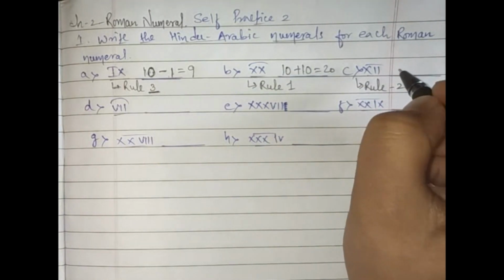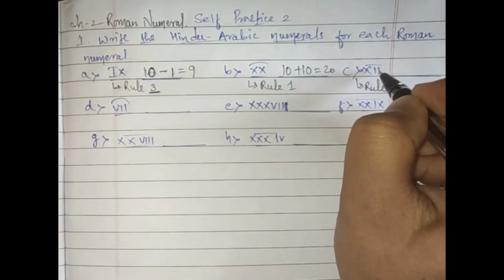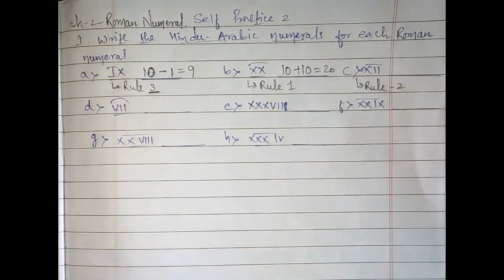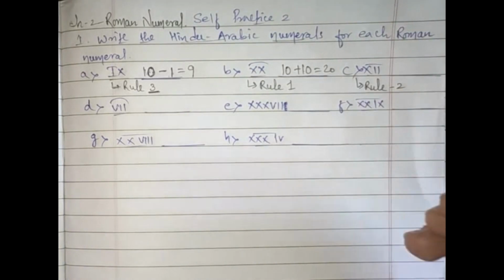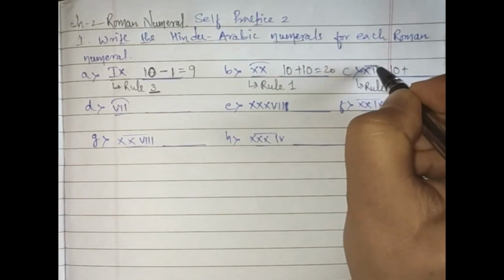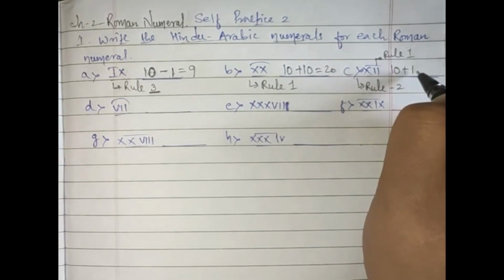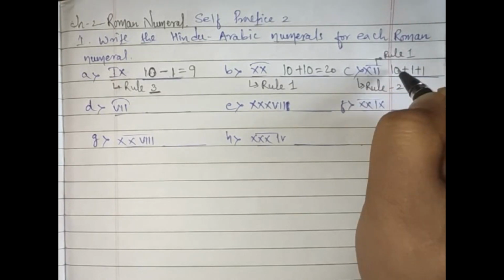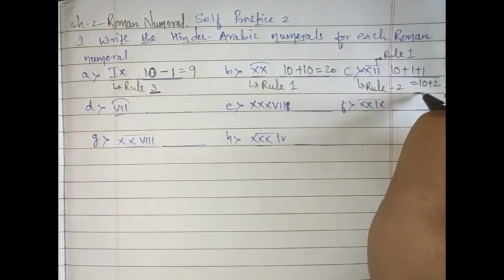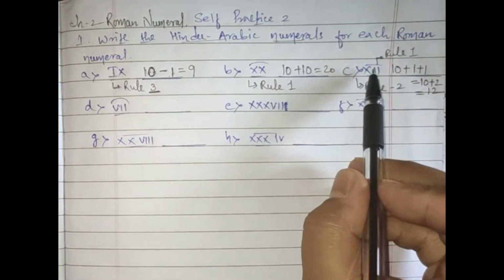Rule 2 was, whenever the smaller Roman numeral is at the right hand side, we will add. So X is 10 and this I is getting repeated, which is rule 1, because two Roman numerals are there. 1 plus 1. So the answer is 10 plus 2 is equal to 12. Right? So 12 is represented as XII.